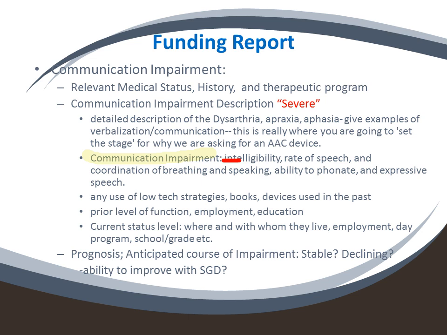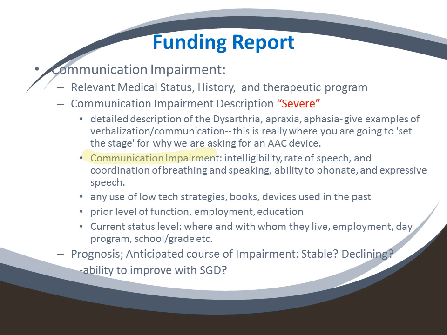Some people stop here and they don't go any further. Someone can be intelligible but still have limited expressive speech. Their rate of speech may be affected. Breathing and coordinating of breathing and speaking together. Their ability to phonate. All of these things are included in what communication impairment is. So any of those things can be severe enough for you to warrant needing an AAC device, and an eye gaze accessory as well.